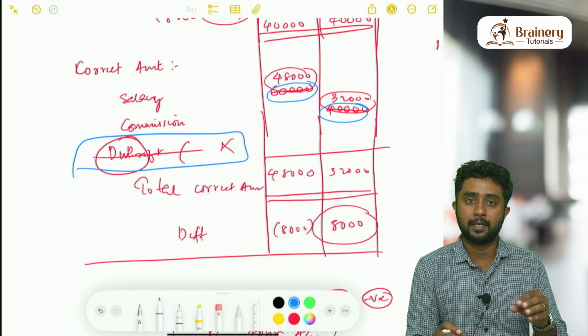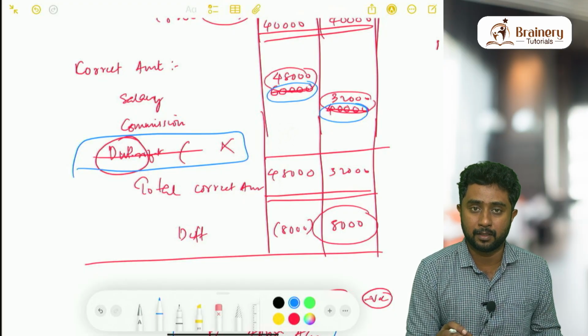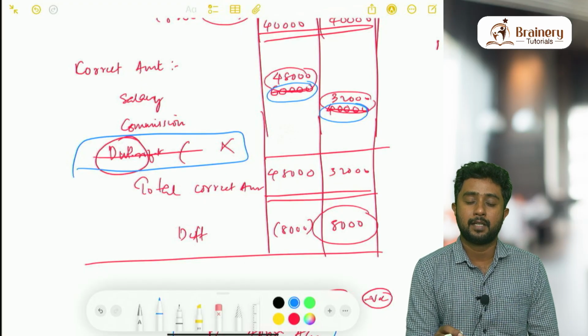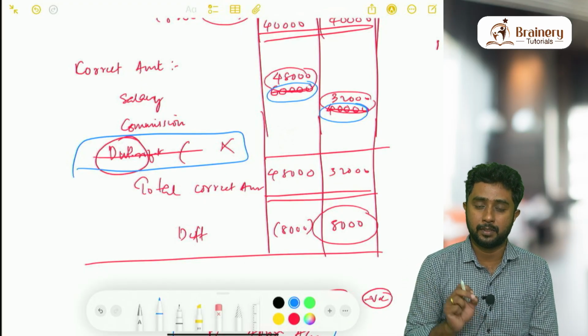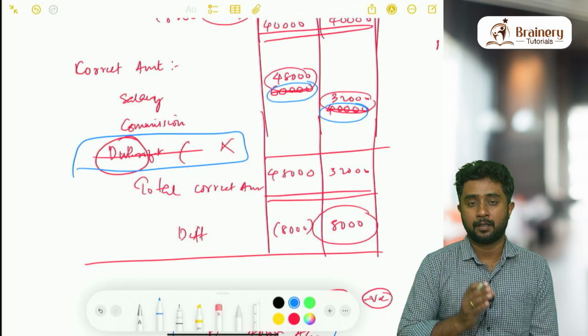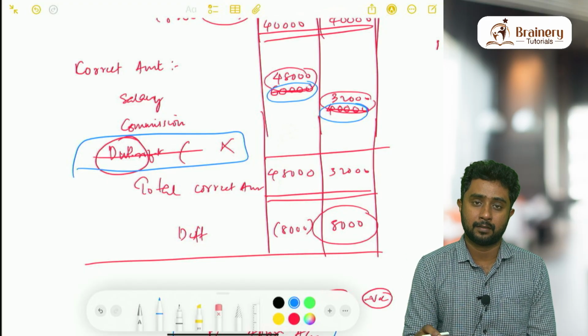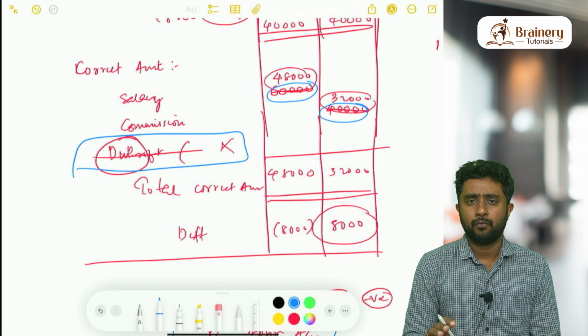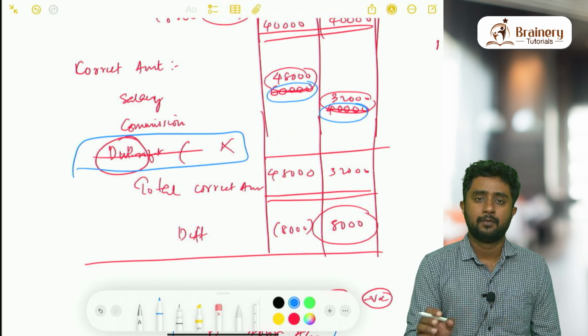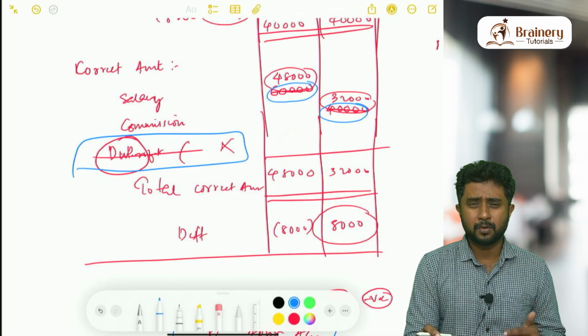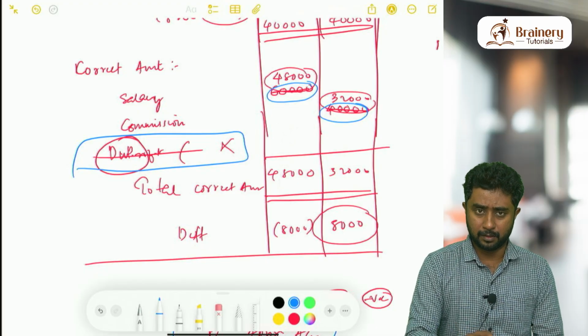When you did it, the first person is getting a negative difference of 8,000 and the second person a positive difference of 8,000. That means the second person has gained out of this error, and the first person has sacrificed out of this error. So the second person has to transfer some amount of money to the first person to compensate this sacrifice.